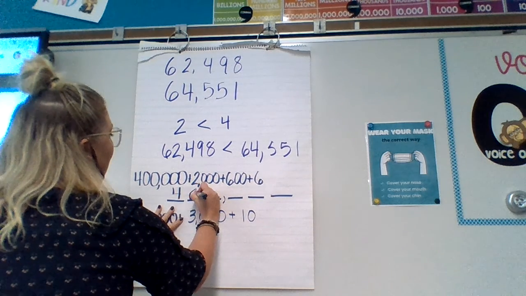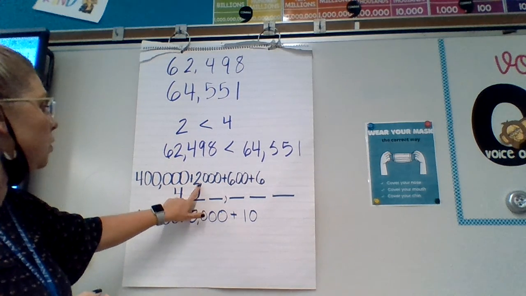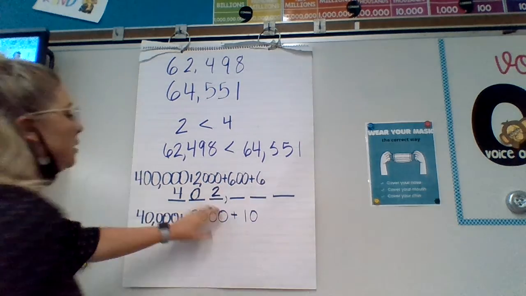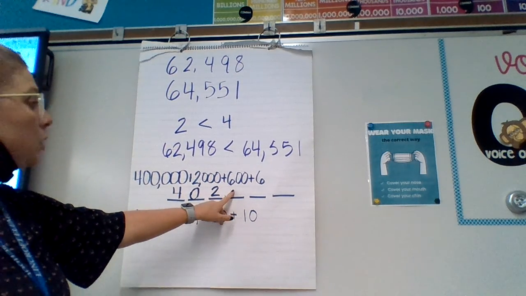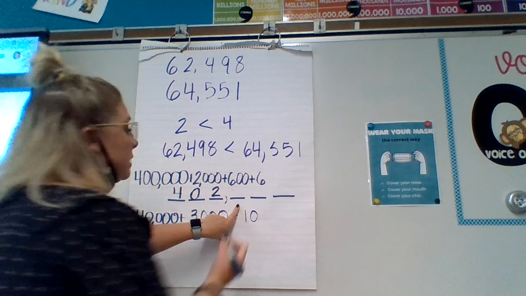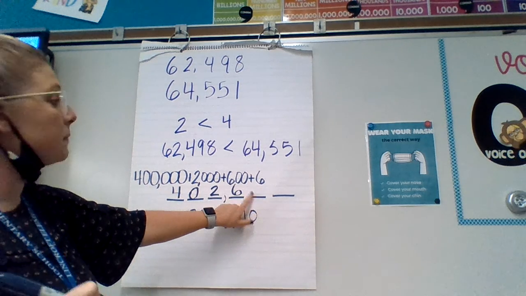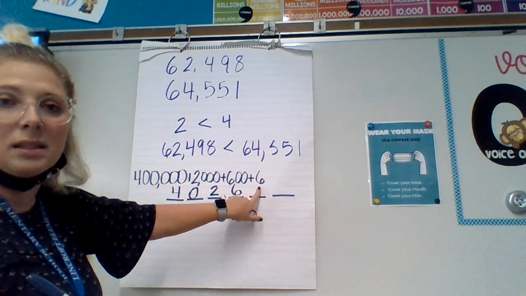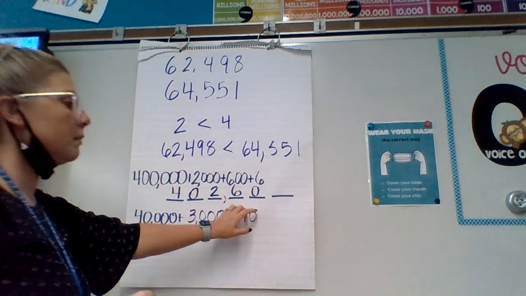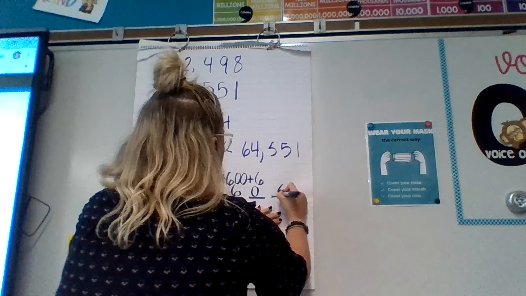If I don't have anything for it, I put a 0. Then I go over to my thousands. I have a 2. Good. Now I have 600, so that would be in my 100 spot, a 6. Going over to my 10 spot, do I have anything for the 10s? No. So I'm going to put a 0. Now I'm going over to my 1 spot and I have a 6.